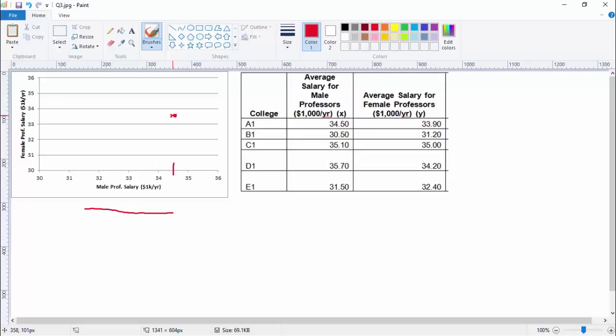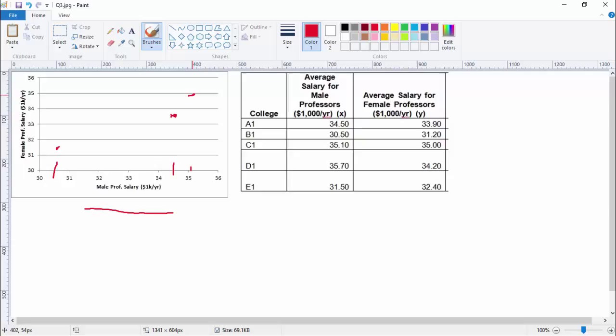Okay, let's do B1. 30.5. Oh, that's way down here, right? That's what the men make. And 31.2 is what the women make. So we'll go up here and there. There we got two dots. Let's see. C1, that's 35.1. So it's 35. This is almost here. So let's go up then to 35, which is for women over here.